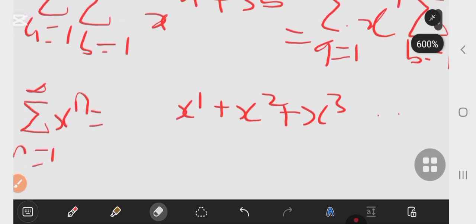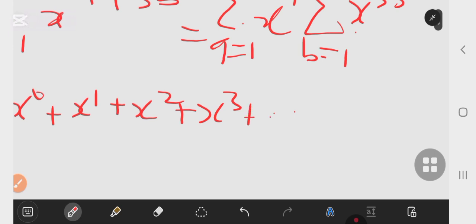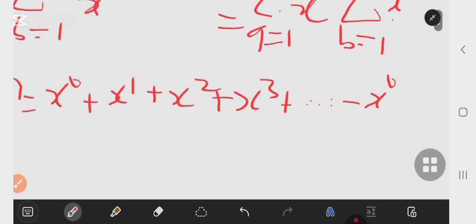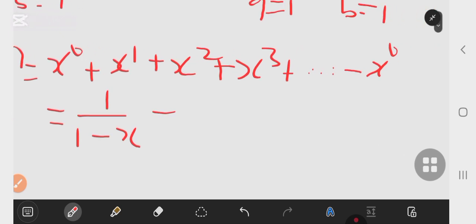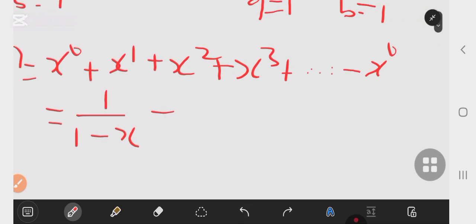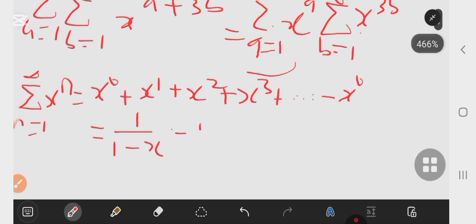What I'll do now is to add x to the power of 0 here. We already know that x to the power of 0 is 1. So then at the end of the sum to infinity, I'll come and subtract my x to the power of 0. So this is the same as writing 1 over 1 minus x minus x to the power of 0, which is 1, minus 1.